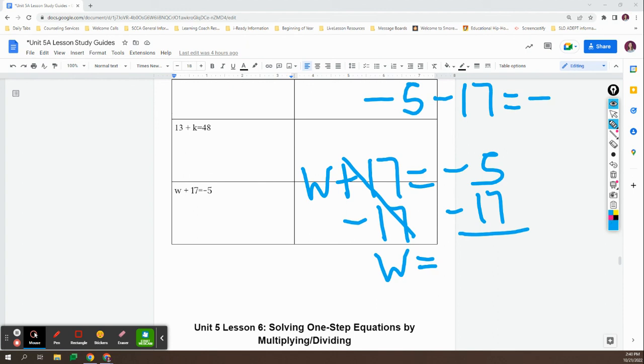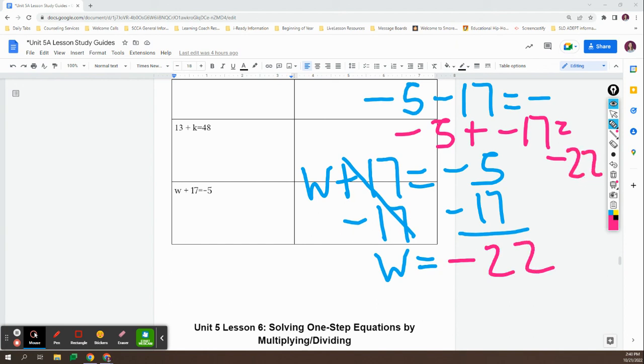So sometimes you might remember that we would do keep, change, opposite. So when we add two negative numbers, remember you actually add them, but your answer stays negative. So 5 plus 17 would be 22, but remember it would really be negative 22 because we're adding the same sign. They're both negative.